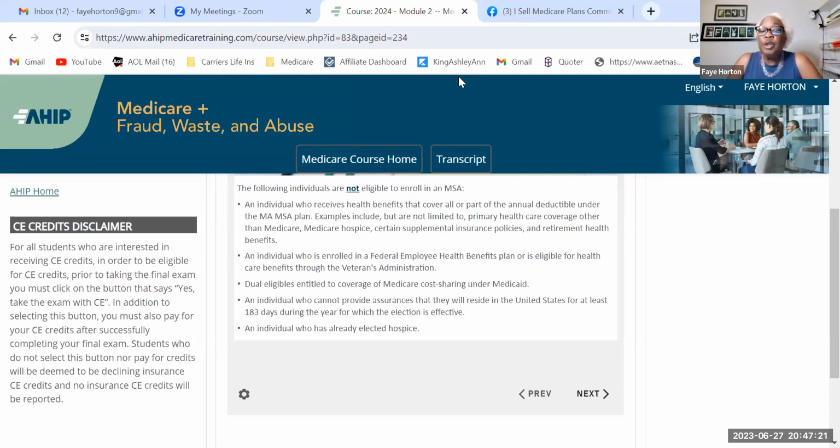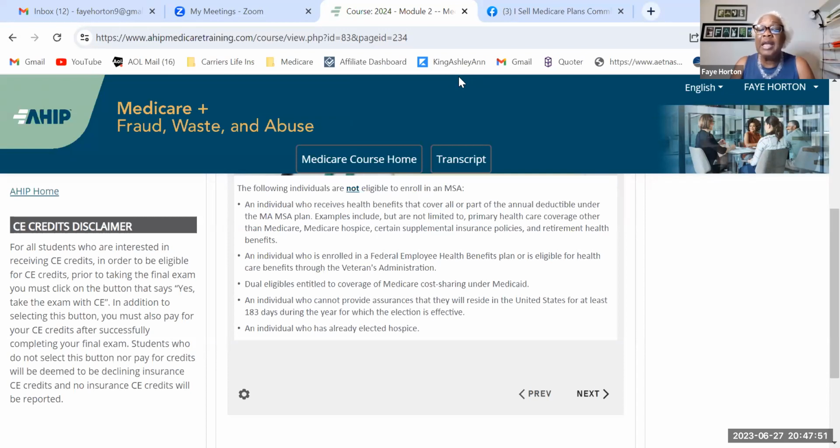Examples would include, but are not limited to, primary health care coverage other than Medicare, Medicare hospice, certain supplemental insurance policies, and retirement health benefits. An individual who is enrolled in a federal employee health benefits plan or is eligible for health care benefits through the Veterans Administration cannot have an MSA plan.